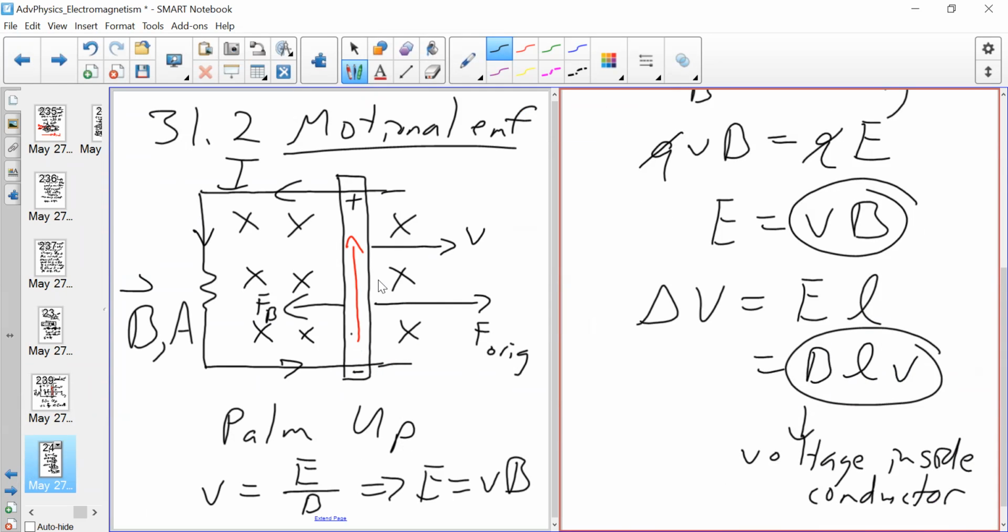That's the voltage inside. And then when we look at the voltage in the entire circuit, as this guy's moving through, not just in the bar, but with respect to this magnetic flux changing, we see that the voltage in the circuit is going to be opposite this. So again, as I said earlier, those voltages are opposite each other because they're trying to maintain the state of the system.